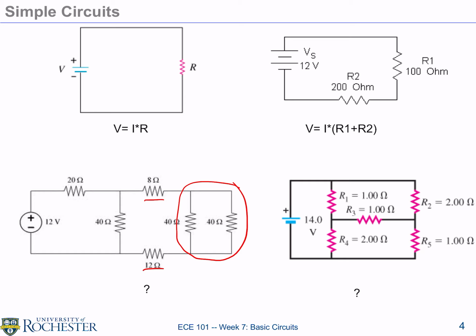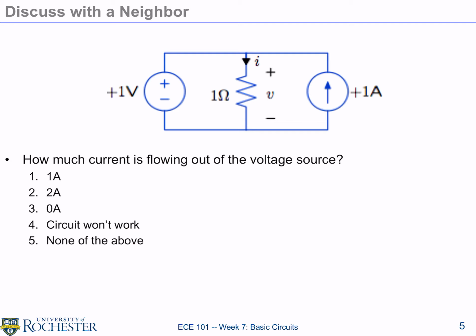In particular, we had this discussion. Let's look at this very simple thing. How much current is going to flow out of the voltage source? If you haven't done this, pause and think about it. It's very common for people to have developed some intuition, and these intuitions are probably formed by your everyday experience.